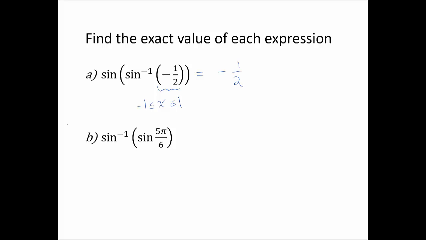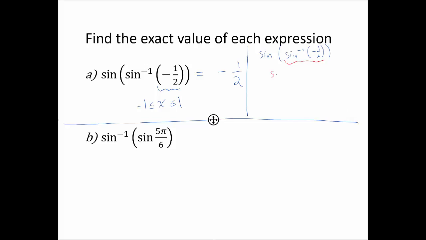Now, if you didn't remember that, the other way to look at it would be to think of this sine inverse of -1/2 as being an angle. What angle, sine of what angle is equal to -1/2, where that angle, y, must be between -π/2 and π/2.